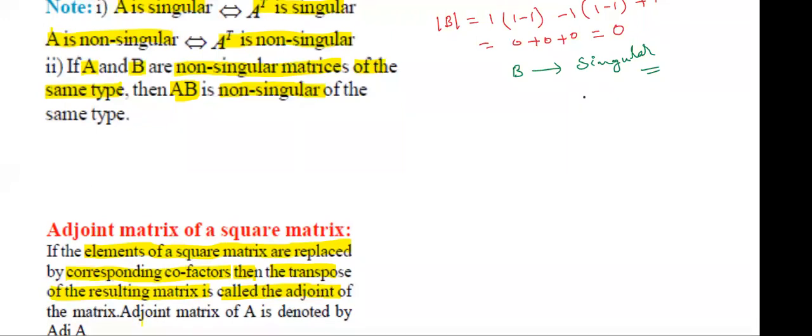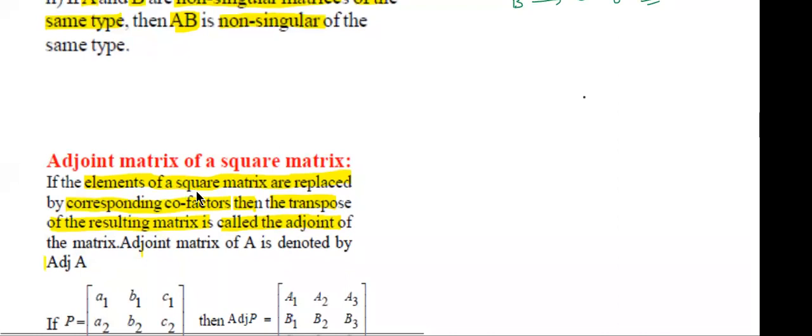Adjoint matrix of A is denoted by adj A. What does adjoint matrix mean? Adjoint A is equal to cofactors of the matrix whole transpose. First we need to find cofactors of the matrix, then apply the transpose. We get the adjoint of the matrix.